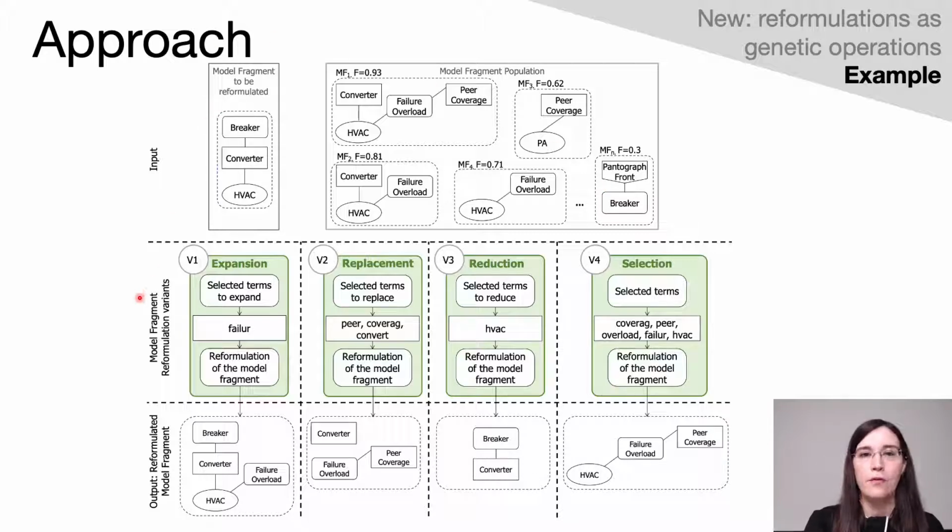Here we have the 4 variants that we propose in this work and their result, which is a new model fragment in the population. For example, variant 1 is expansion, and expansion selects one term, in this case, to expand the model fragment to be reformulated. As a result, a new model fragment is produced with an element that contains that term.